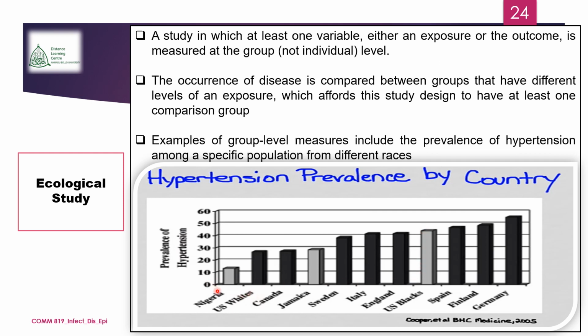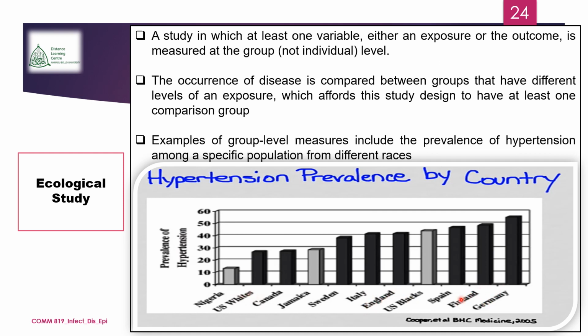So they decided to carry out an ecological study comparing different countries based on race. So Nigeria is included, US white, the United States was divided into US white and US black, then Canada, Jamaica, and Sweden, Italy, England, Germany.